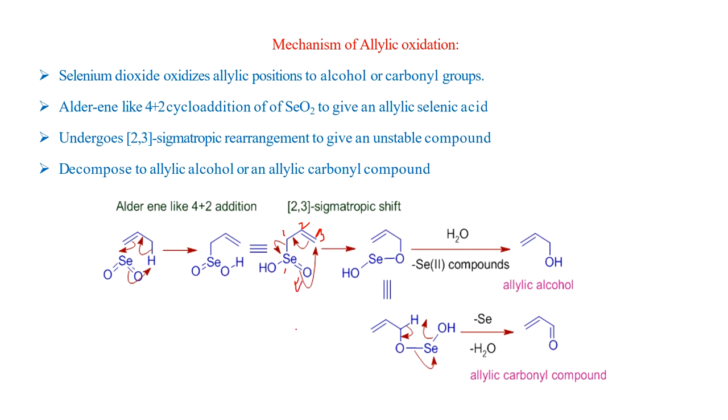So a 2,3 sigmatropic rearrangement takes place here, forming an unstable product which decomposes to produce allylic alcohol or allylic carbonyl compound. Okay. So it is the mechanism of allylic oxidation by selenium dioxide.